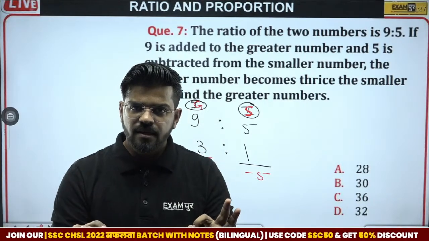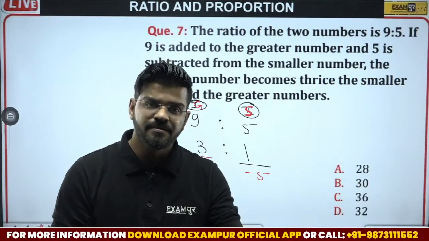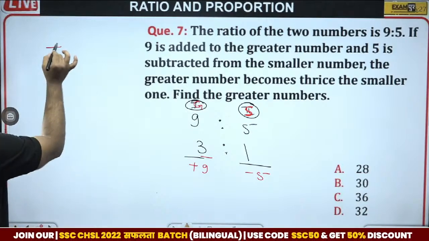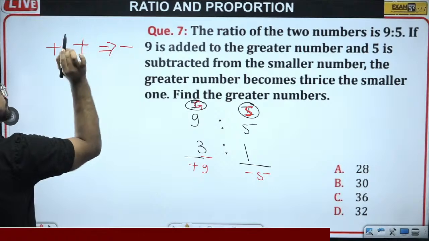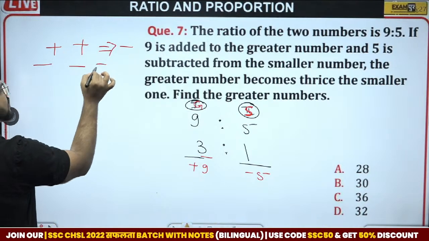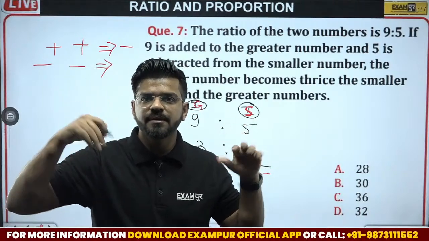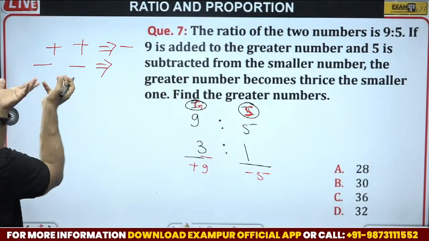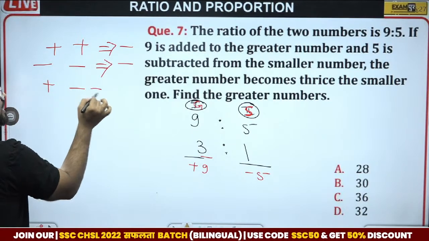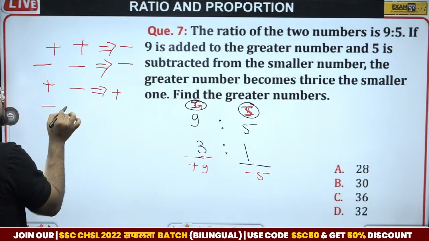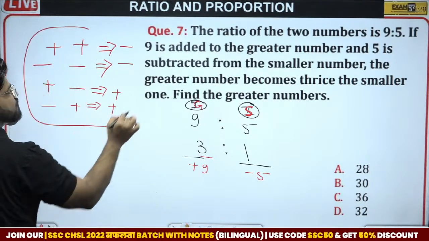Same sign will be minus and opposite sign will get plus. What I have said is, if you have plus and plus, you have to subtract. If both are minus, like both are subtraction values, you have to take it positive and subtract that. If one is positive and the other is negative, you have to add them. If the first is negative and the other is positive, then you have to add them. So this rule you have to follow.